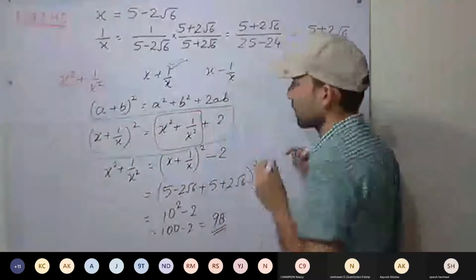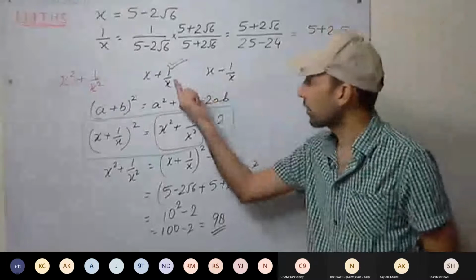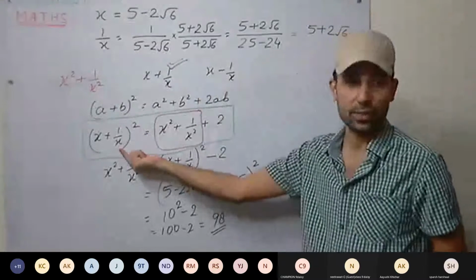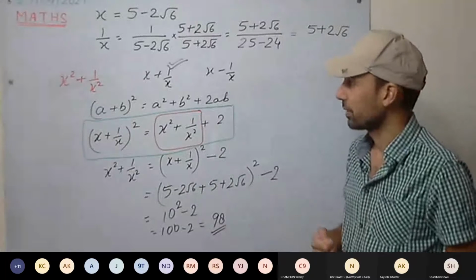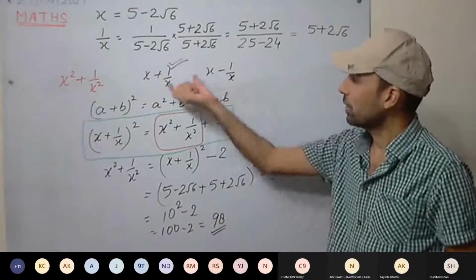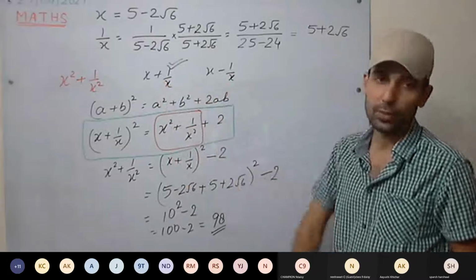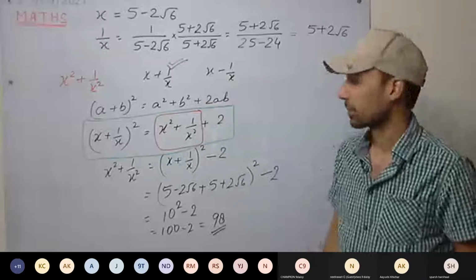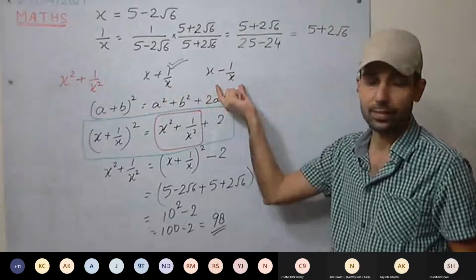And we could have calculated x minus 1 upon x as well, and from that we could have got the value of x square plus 1 upon x square. You can use any of these.